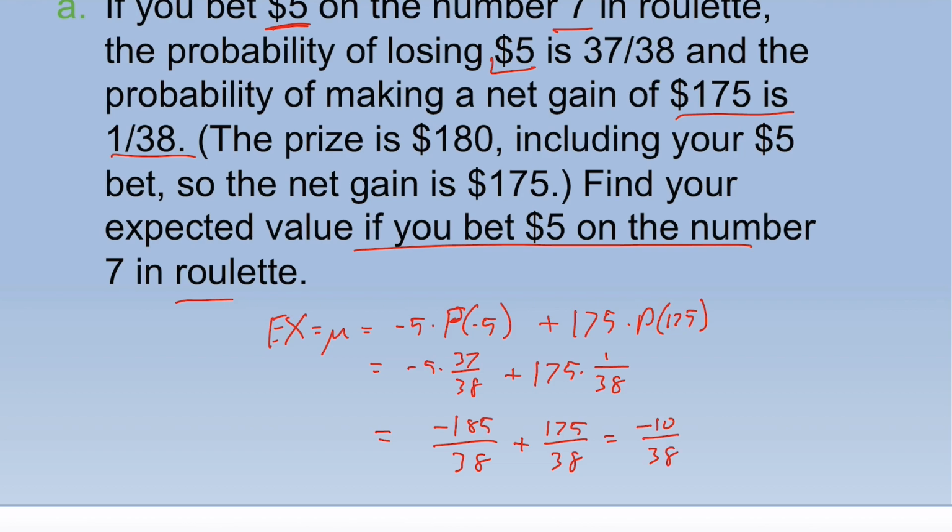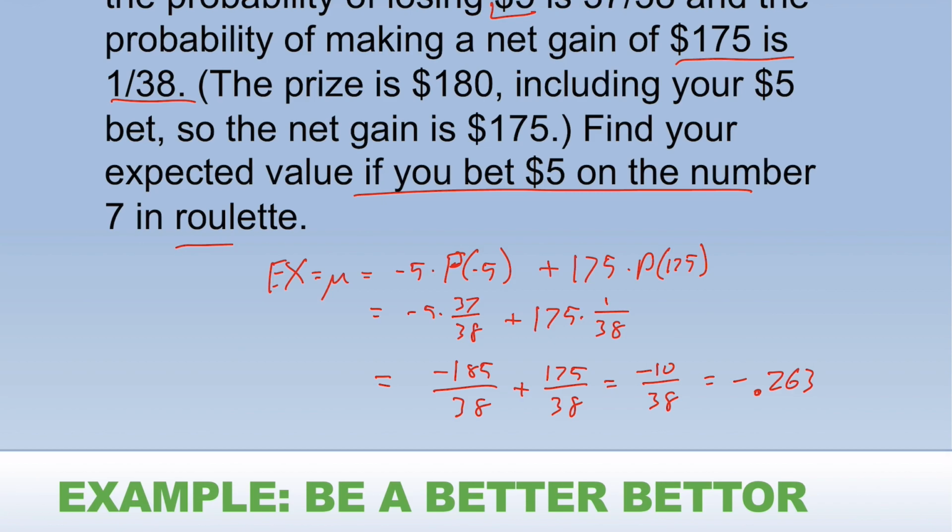If I grab one of my TI-83 calculators, negative 10 divided by 38 gives me negative 0.263. Okay, but what is that?